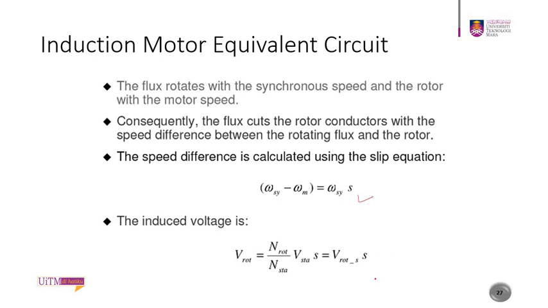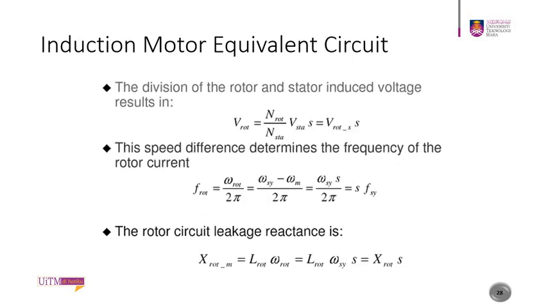The induced voltage is given by this equation, and you have the ratio of the rotor and stator induced voltage within this equation. The speed difference determines the frequency of the rotor current. The rotor circuit leakage reactance is this equation.